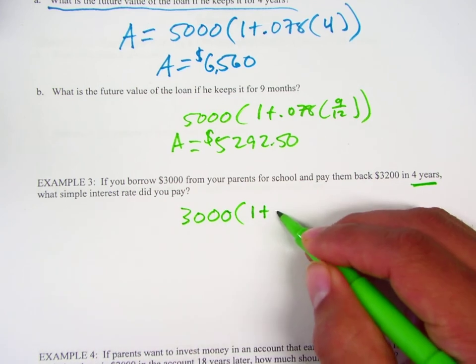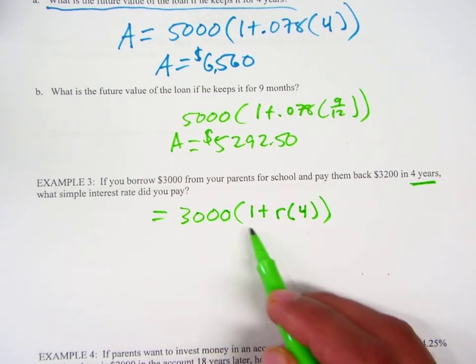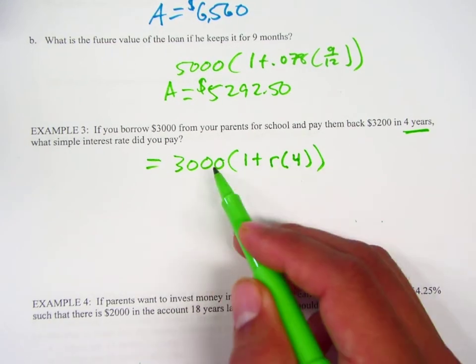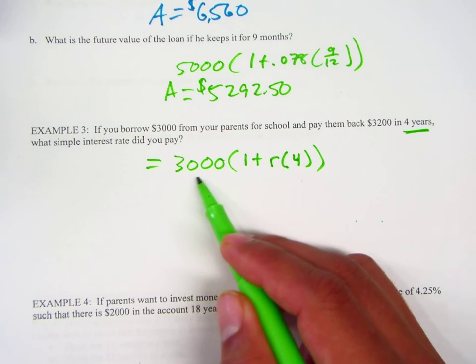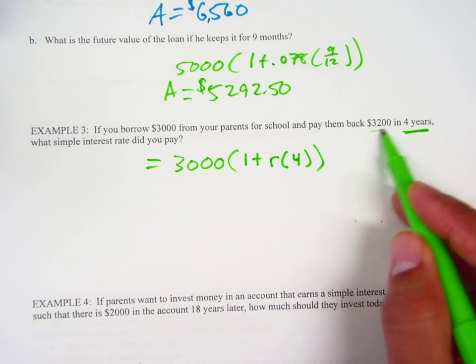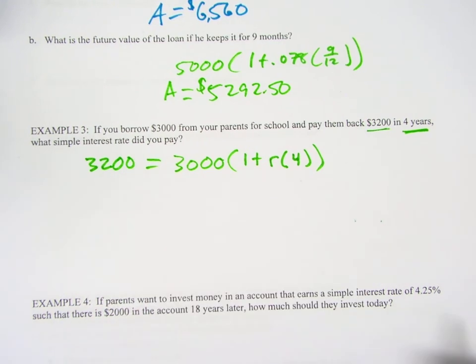So this is what I know on the right-hand side. I don't know the rate. I know it's a 4-year loan. I know I'm borrowing $3,000. How much do I pay back? What's the total value later on? $3,200. So that goes on the left-hand side. That's our future value, that's A. And now we solve.